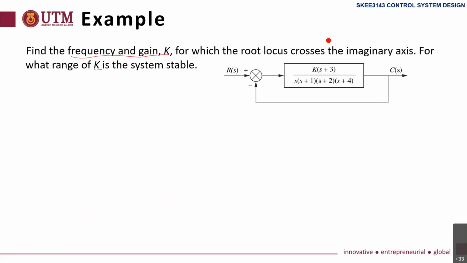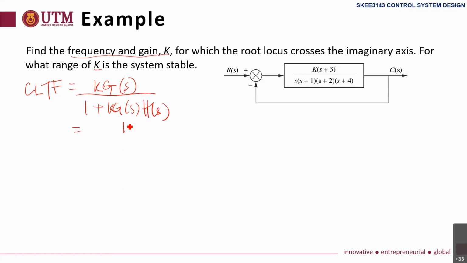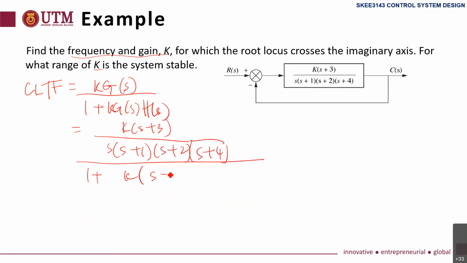In order to find the crossing, we need to use Routh-Hurwitz, so we need to find the closed loop transfer function, G(s) over 1 plus G(s)H(s). Here H(s) equals 1, so we have K(s+3) over (s+1)(s+2)(s+4), divided by 1 plus K(s+3) over the same.